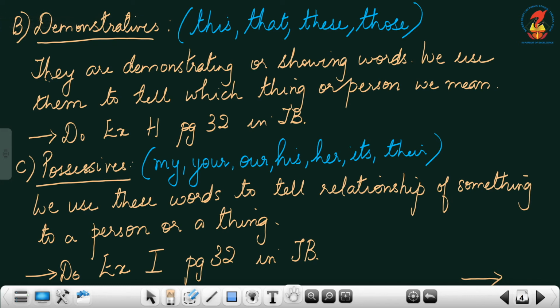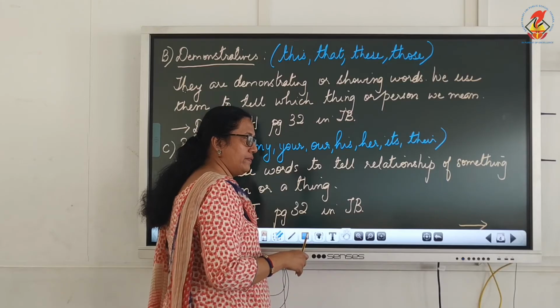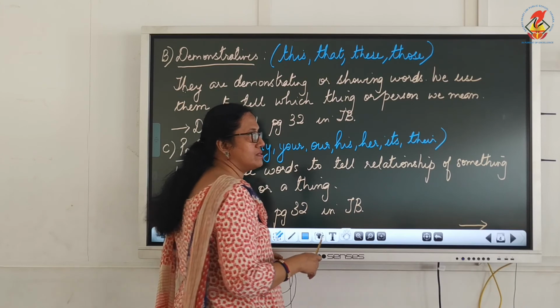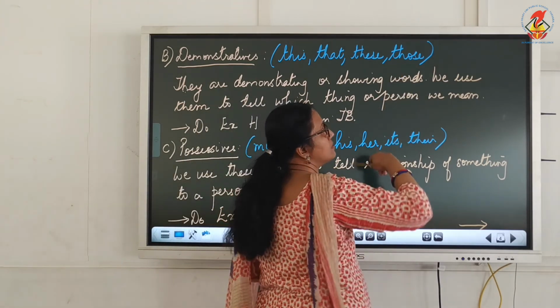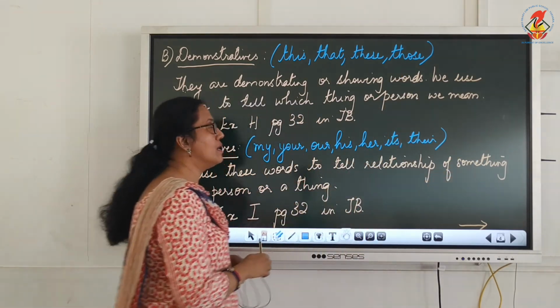Only thing, this indicates singular, the things or objects or persons that are close to you, and that indicates singular for objects or persons that are far away from you. These is the plural form when we are talking about objects or persons close to us, and those is the plural form when they are away from us.